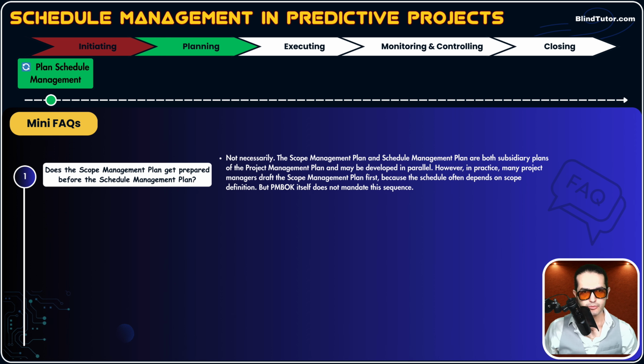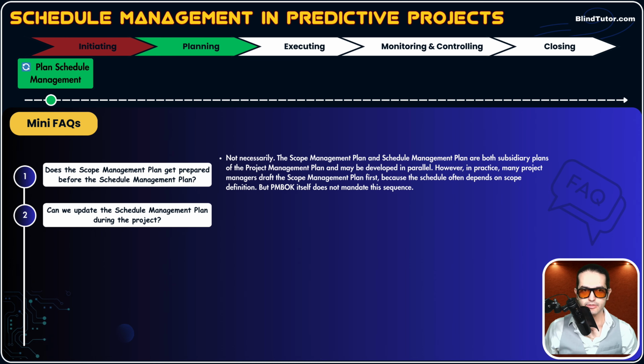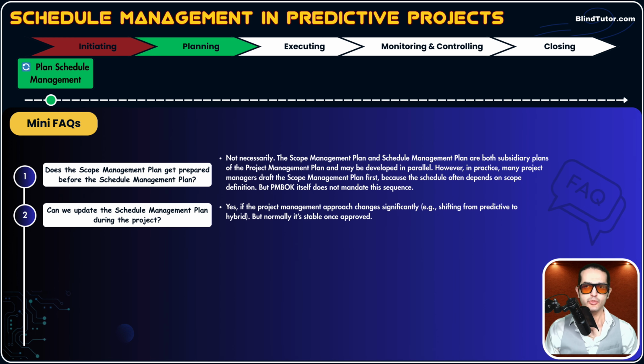Question number 2, can we update the schedule management plan during the project? Yes, of course. But under what condition? If the project management approach changes significantly. For example, instead of a predictive approach, mid-project, a PMO or sponsor tells us, hey, go with an agile or hybrid approach. Schedule management in a hybrid approach is different from a predictive approach, so we need to make changes to our foundational how-to guides like the schedule management plan.